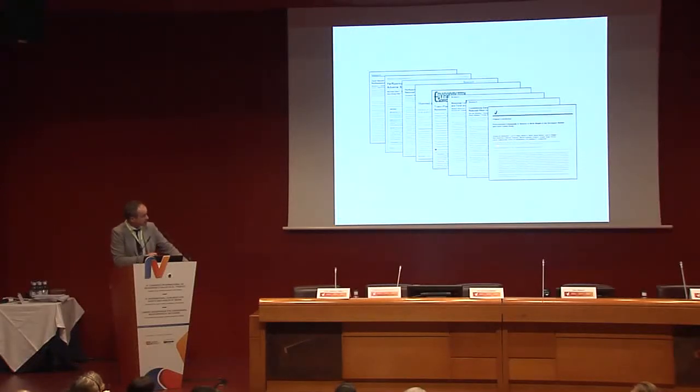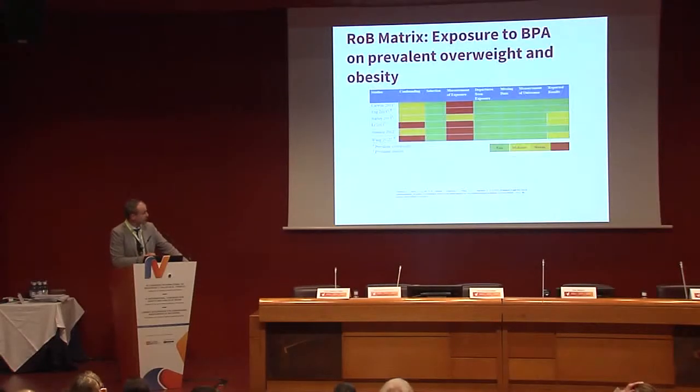This would be done across all the studies that answer the type of question that we are interested in, so that you would, at the end, have a matrix like this that would allow you to say the studies that have been included have concerns on any of these risk of bias domains that range from no concern, meaning green, to critical concern because something really went wrong in that study.